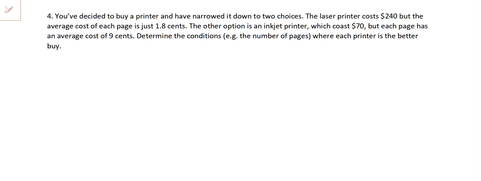So in this one, it's obvious we've got 1.8 cents, 9 cents, but we've got $70 and $240. So your model should have been, the cost of one should have been 240 if we're having dollars plus 0.018 dollars times each number of pages.